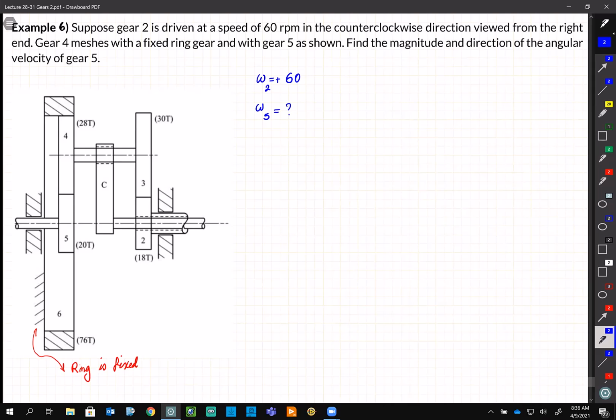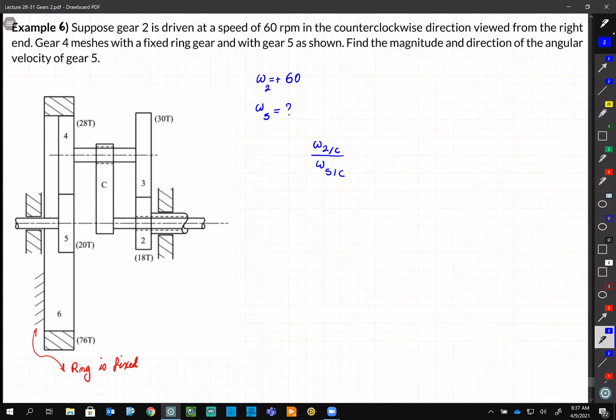Let's see. Okay, I'm guessing most of you started with omega 2 with respect to C and omega 5 with respect to C, right?